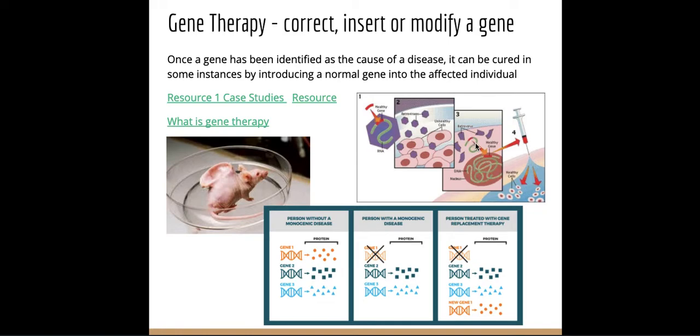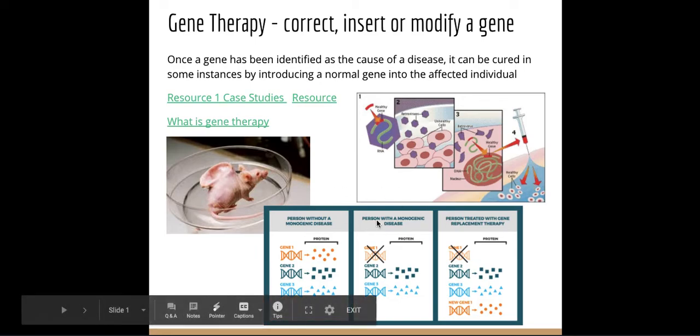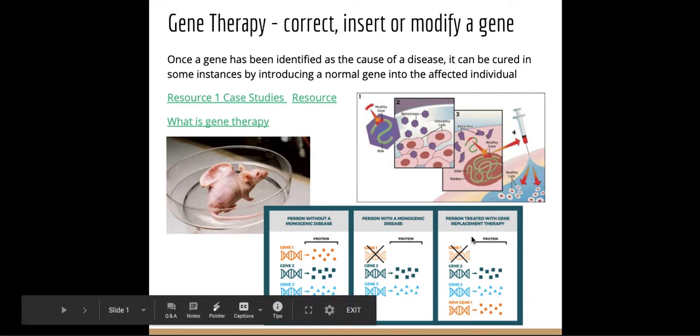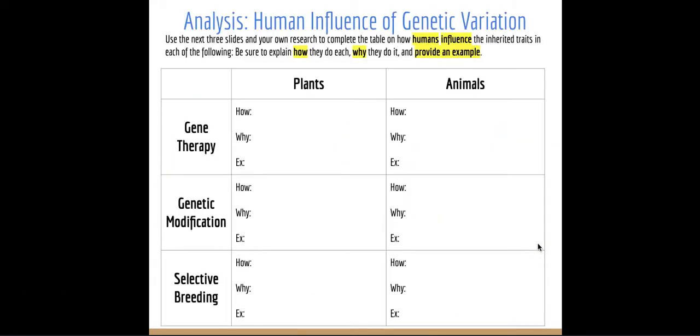So that retrovirus goes back into the nucleus and inserts the healthy gene into the DNA, which they then extract and put into healthy cells. You can see here an example of a person with a monogenic disease and then what happens to the protein production.